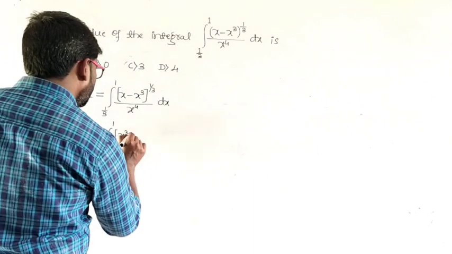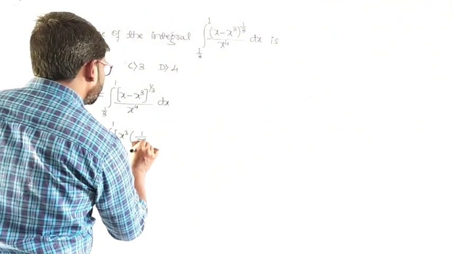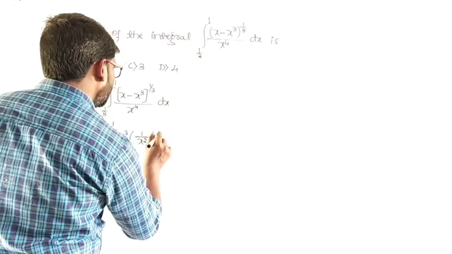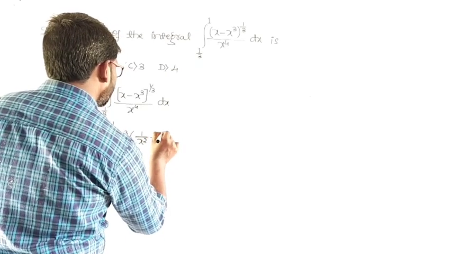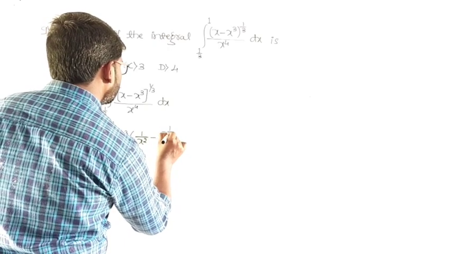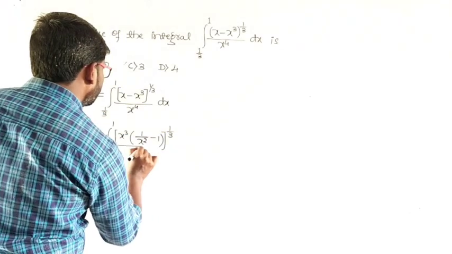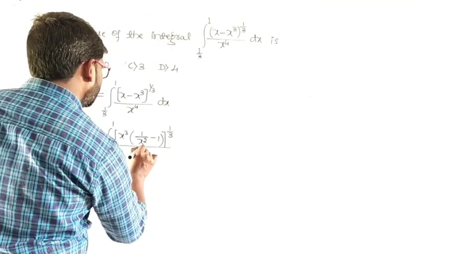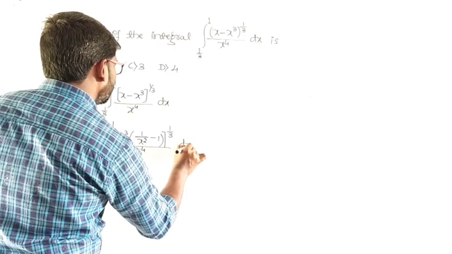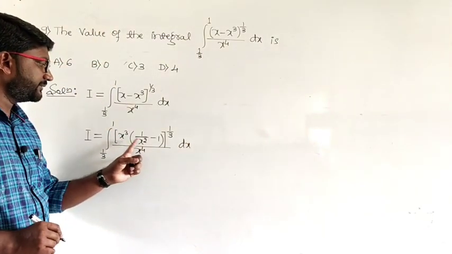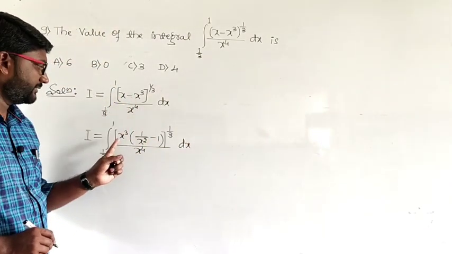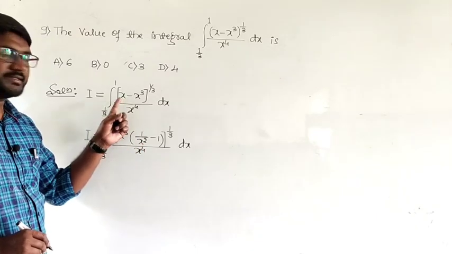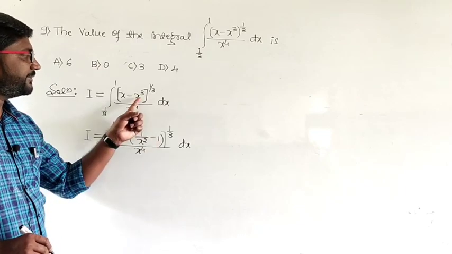So if we take x cube common, here we get 1 by x square minus 1, then whole to the power 1 by 3, then divided by x to the power 4 dx. See here, if you multiply this with these two terms, we get back the previous term, x cube into 1 by x square. So after simplifying we get x, then x cube into minus 1 will be minus x cube.